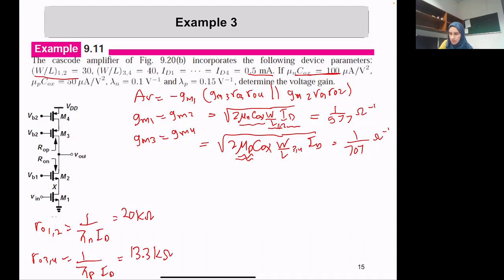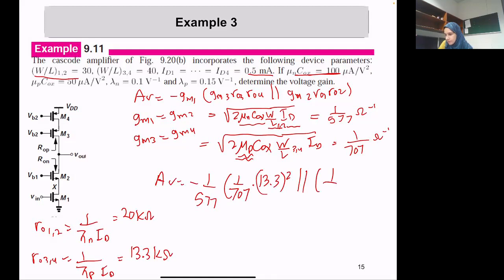So Av will equal minus 1 over 577 times 1 over 707 times 13.3 squared in parallel with 20 squared, because the R outs are the same, and this comes out to be minus 318. So this is the gain of the amplifier.